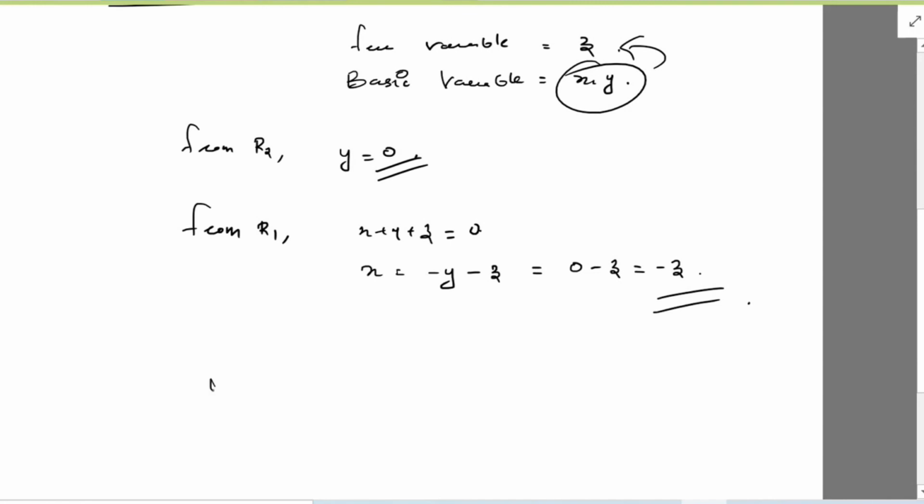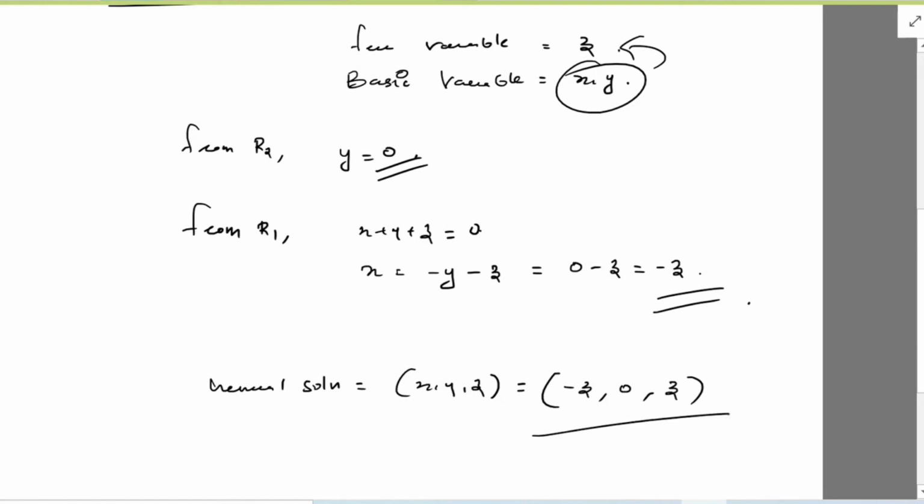So the general solution will be (x, y, z) equal to (minus z, 0, z), because z is itself a free variable. Here z is the only free variable, so we can find the general solution in terms of it. The general solution is (minus z, 0, z).